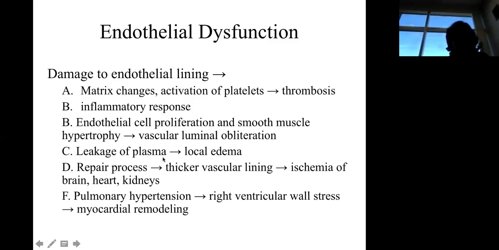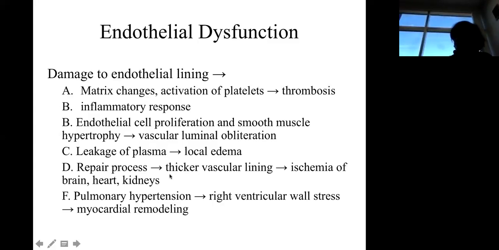All right, leakage of plasma. Remember leakage of plasma, that is because of vasodilation related to inflammation. So more blood arriving, leakage, increased vascular permeability is what I should say, and that leads to local edema, swelling. All right, repair process begins with inflammation.